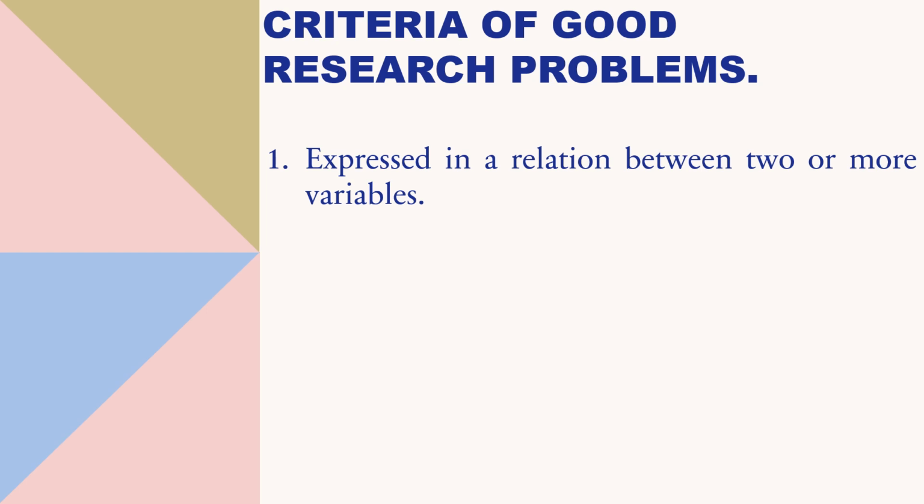And for academic purposes, we usually encourage students to look at research problems which are relational, where there is one variable influencing or impacting another variable, and you will be able to establish the relationship.